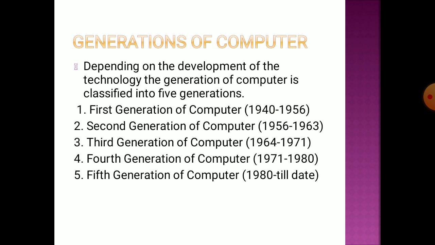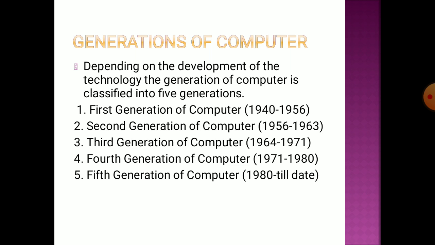The third generation starts from 1964 till 1971, and your fourth generation starts from 1971 till 1980, and the fifth generation starts from 1980 until today, and in the future whatever inventions and changes happen in your computer will all be kept in your fifth generation of the computer. Fine.